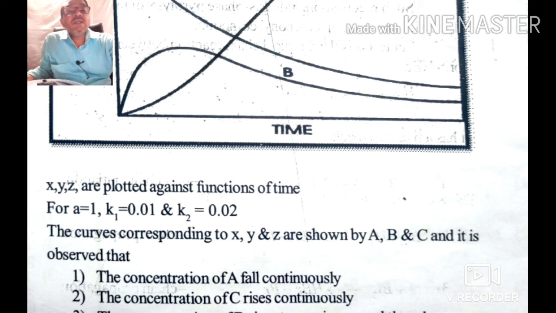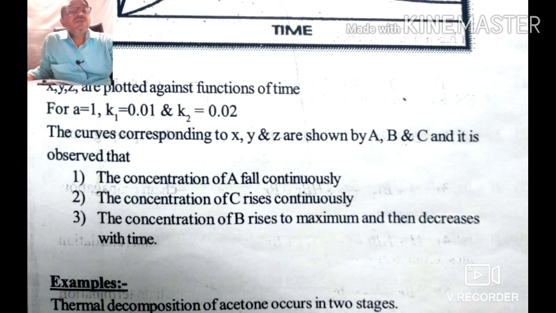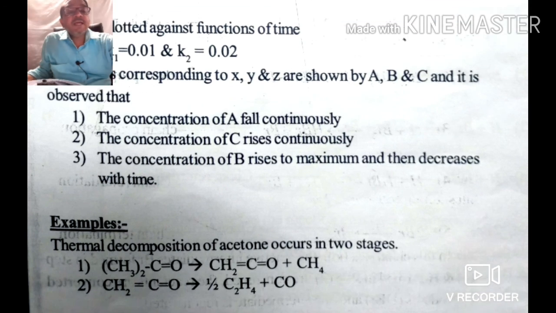For a is equal to 1, k1 is equal to 0.01 and k2 is equal to 0.02. The curves corresponding to x, y and z are shown by a, b and c, and it is observed that the concentration of A falls continuously, the concentration of C rises continuously, and the concentration of B rises to a maximum and then decreases with time.